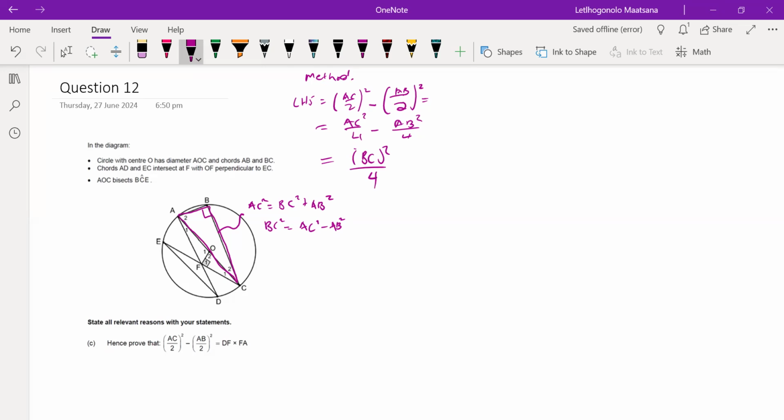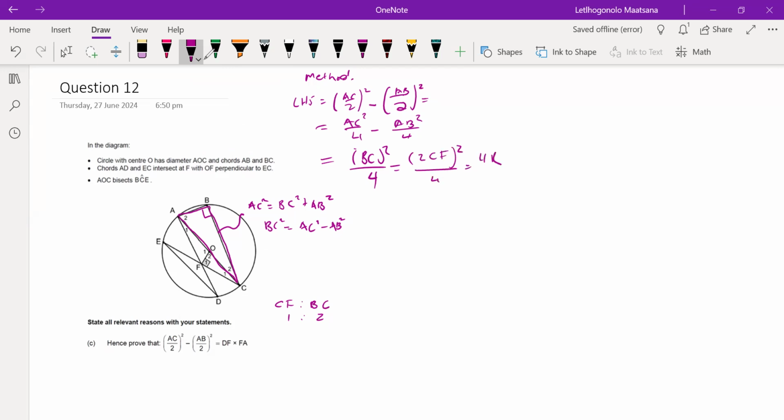With that being said, from question 2, we had proved that the ratio between FC and BC was 2:1. So if we want to substitute BC for FC, we would say that FC should be twice as much as BC.